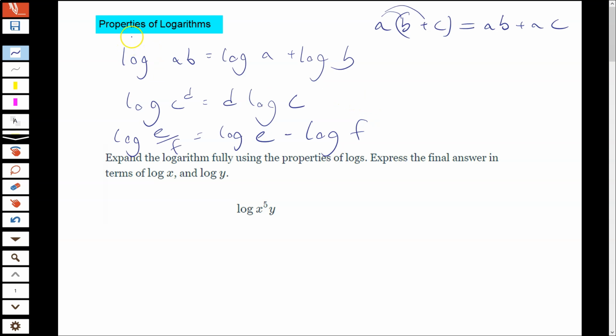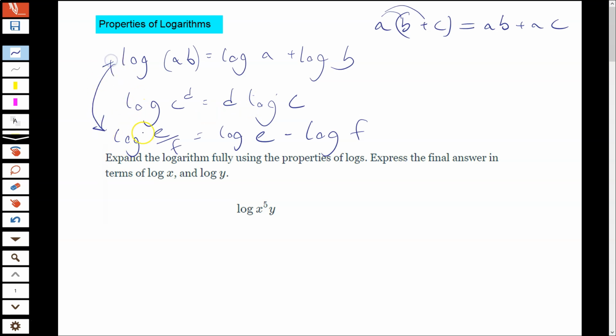So these are our three properties that we're going to use in this lesson. What this says is if two things are being multiplied inside a log, that's the same as adding their logs together. Or if we're raising something to a power inside a log, that's the same as multiplying it by that power outside the log. And notice this last property is just the opposite of the first one.